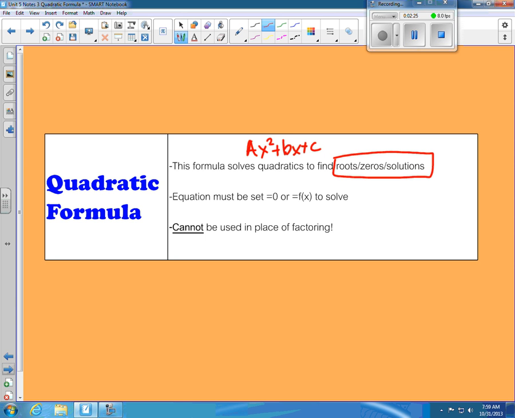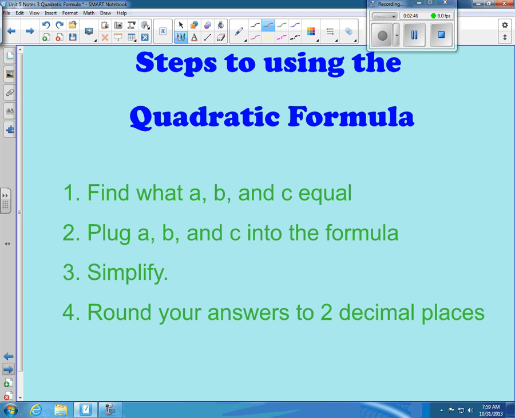But to do a quadratic formula, you must have your equation set equal to 0 or equal to f of x to solve. If it's not equal to 0, you are actually going to be able to make it equal to 0. But if we don't see that equal sign, it's going to actually be solved by factoring. So equal sign, quadratic formula. No equal sign, factoring.